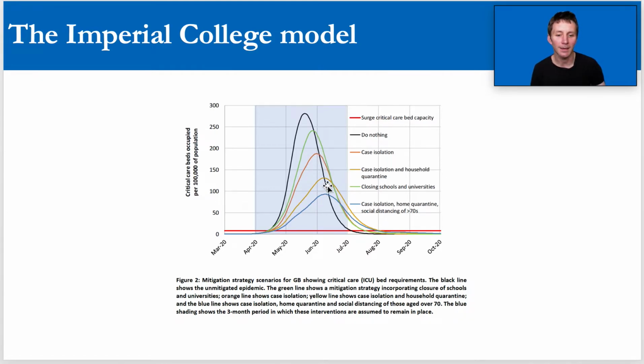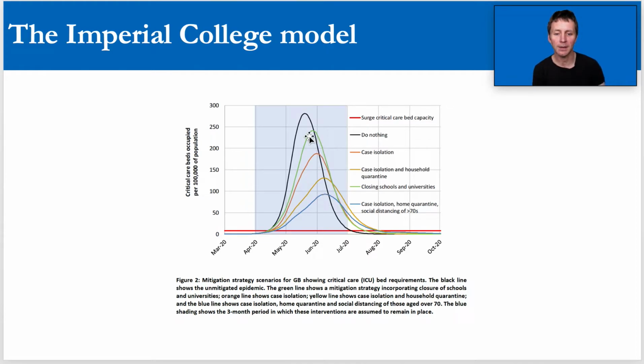This one here is what happens if we say you and anybody in your house stay in if anybody's got symptoms. And this one here is what happens if we do stay in if you have symptoms or anybody in your house has symptoms, and also social distancing just among the elderly, which again it appears was the UK government's strategy early on.